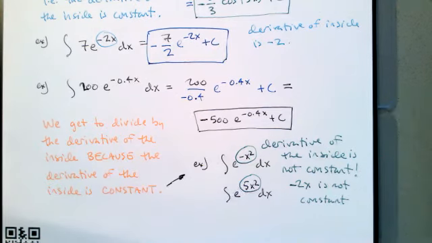Moving forward, one of the skills built into finding antiderivatives is recognizing what technique will work for a particular function. Just like with derivative rules, you have to learn when to use the product rule and when to use the quotient rule and when to use the chain rule.